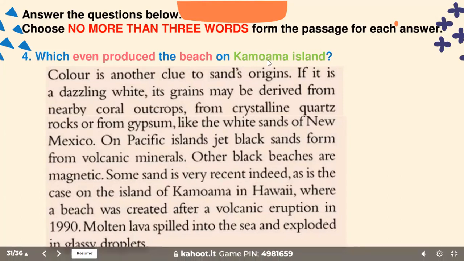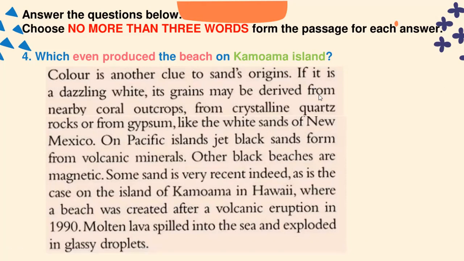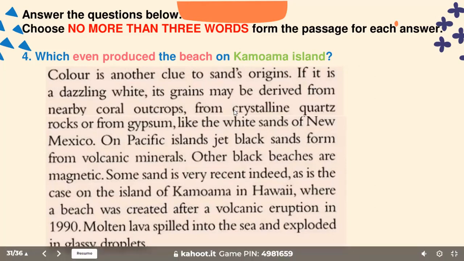So I will find this Kamoama, with a capital letter, it's very easy to find. Which line is it? Tell me the number of the line. Where can you find it, in which line? Number 8. 1, 2, 3, 4, 5, 6, 7, 8. Yeah, Kamoama. You can find it here.